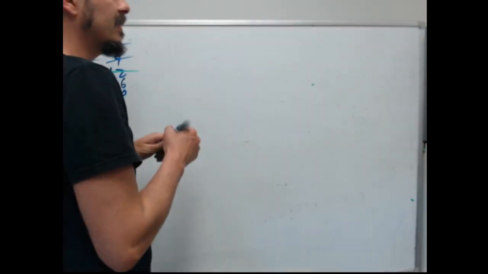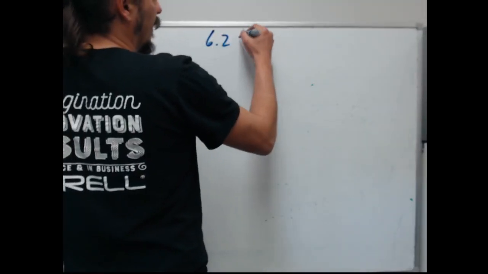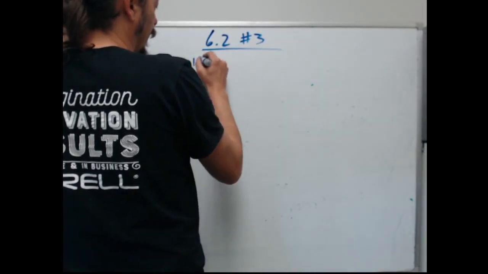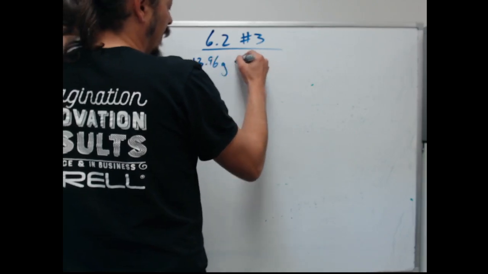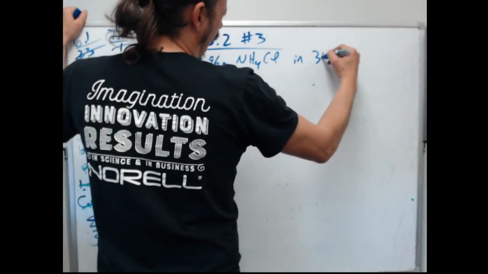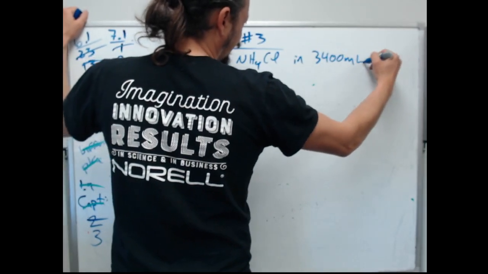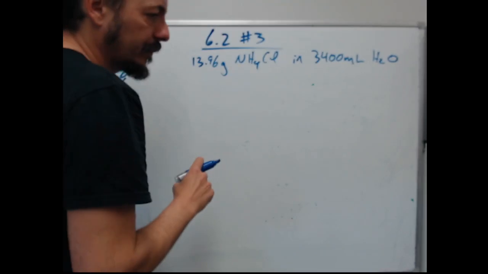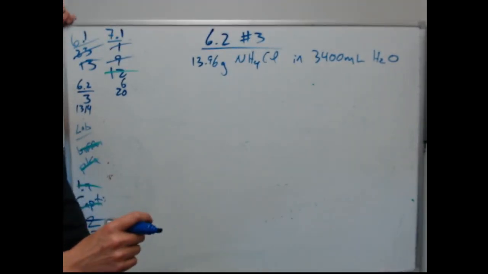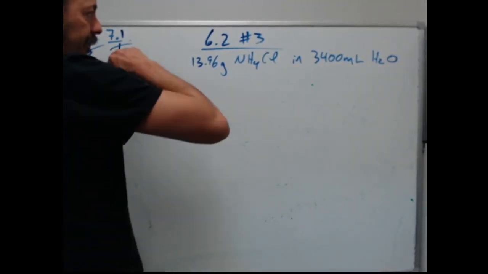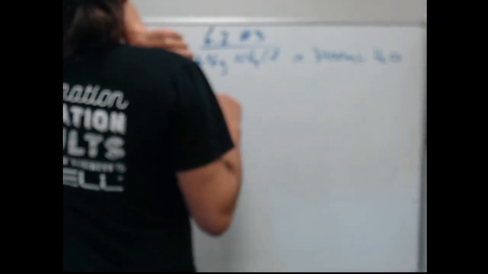Okay, what is 6.2 number 3? It says answer the following questions for the solution formed when 13.96 grams of NH4Cl solid is dissolved in 3,400 milliliters of water. It's asking for the total concentration of cations, anions, the molar concentration, and the total concentration of all solute particles.